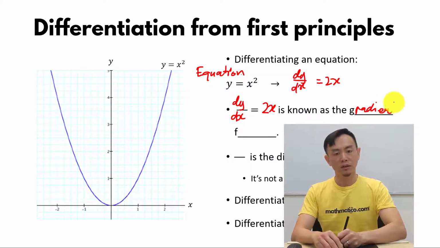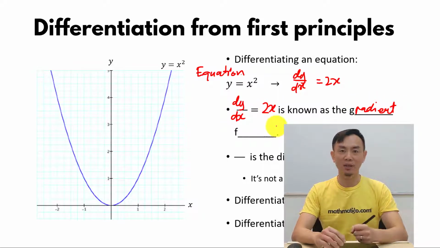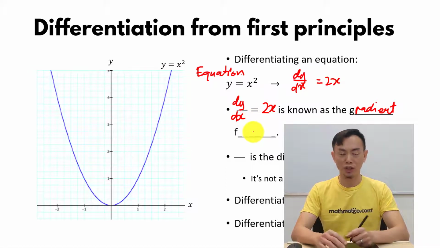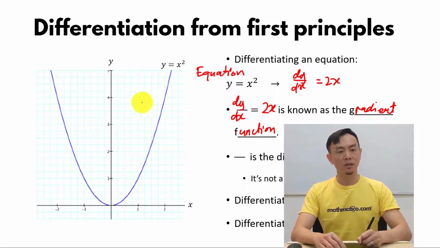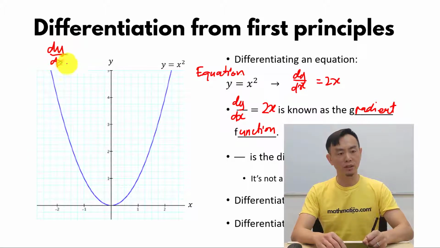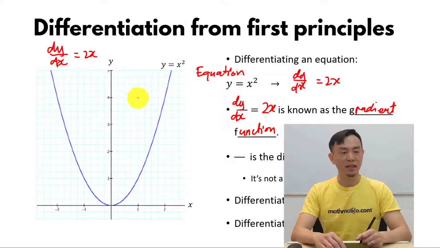So before telling you how to get dy dx, I'm going to explain to you what dy dx is, what differentiation is. And it is the gradient function. So we say that dy dx, the differentiation of y, which is also the gradient function, tells us about the gradient.